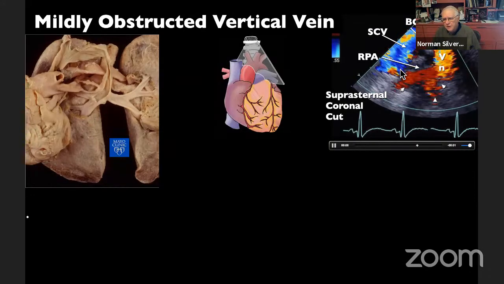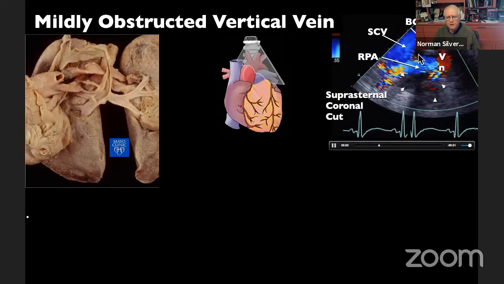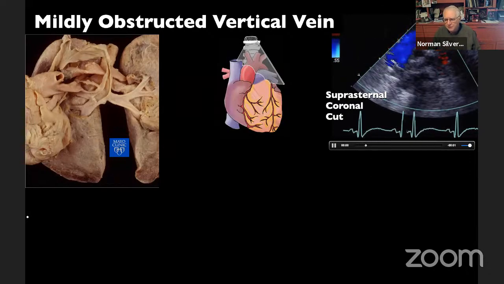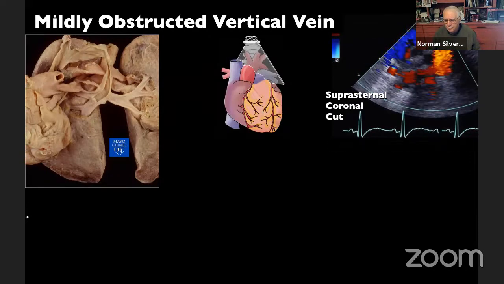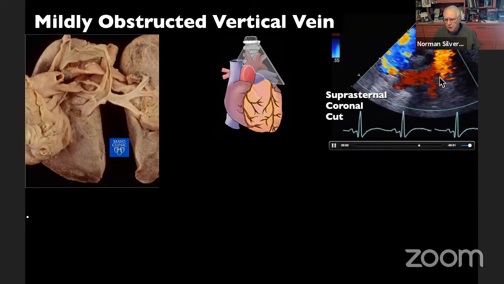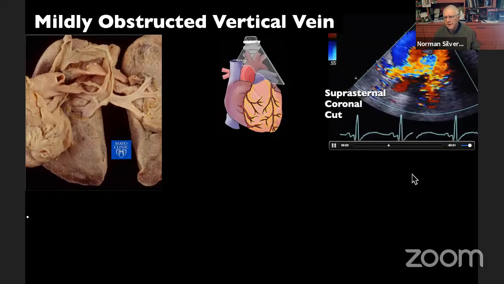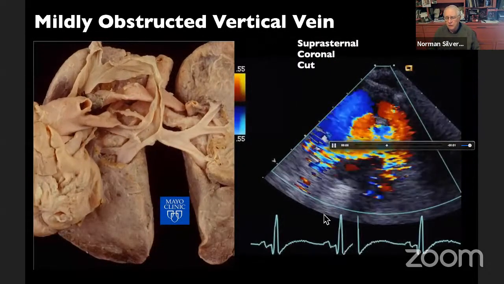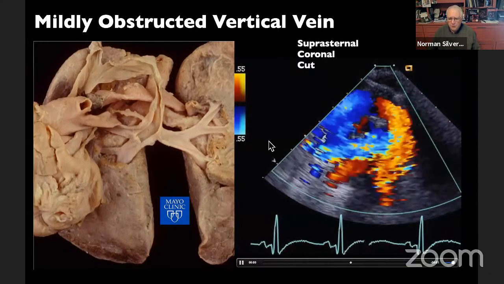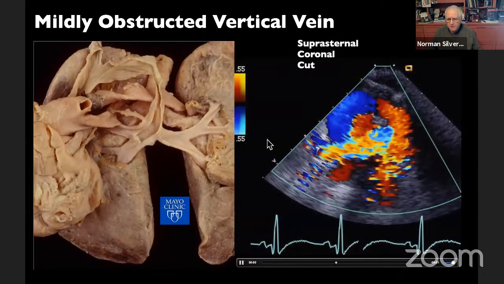And you can see here the right pulmonary artery over here. The left pulmonary artery is out of the plane here, and the ascending aorta in the middle of that particular suprasternal notch picture. So this is known as the so-called crab view, because it looks very much like a crab, and I think is a very nice example of what happens when you look at the anomalous pulmonary venous return.